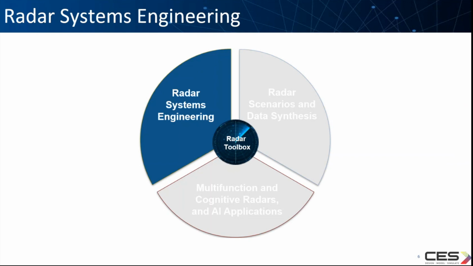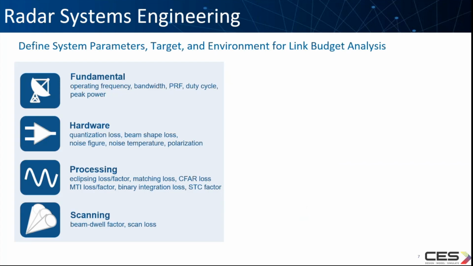Let's now dive deeper into each of these applications and start with radar system engineering. The system parameters of a radar include fundamental radar parameters such as operating frequency and peak power, hardware specifications such as noise figure and beam shape loss. You can also consider the processing and scanning gain and losses in your budget analysis.